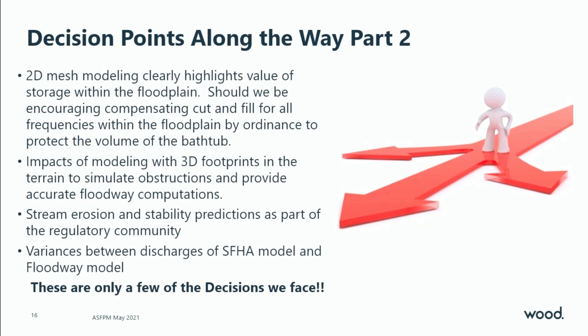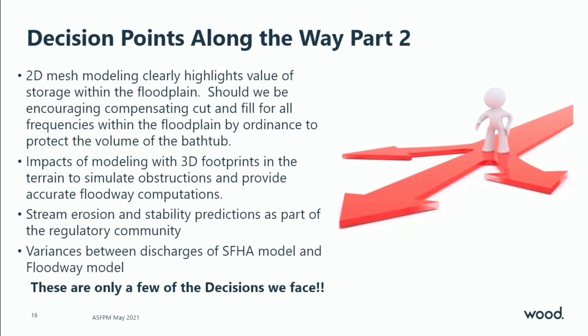When we're modeling 3D footprints in the terrain within our models to simulate that volume loss as well as to divert the flow. One of the issues we've had with a lot of our rural and or urbanized areas is when you've got those streets parallel to the stream and you got water that pops out at a roadway and then it runs down a parallel street to the next roadway and then goes back into the channel.